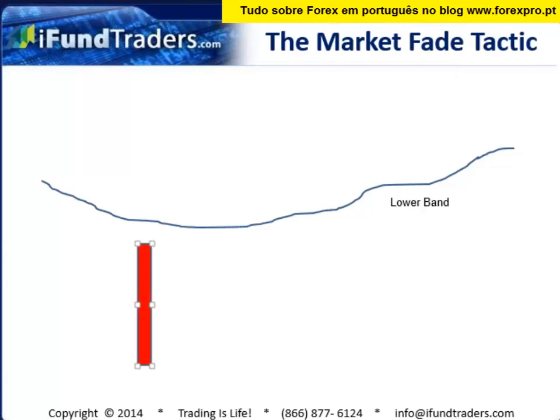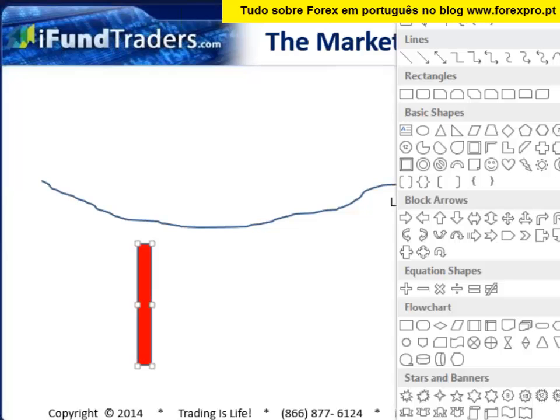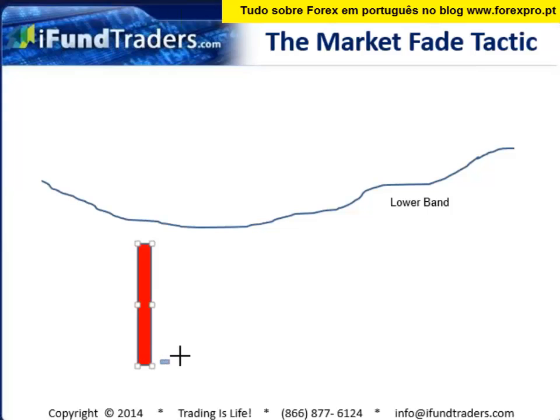Now that we've identified a bar outside of the Bollinger Band, we are going to wait for a subsequent bar to retrace approximately 25% or more of the outside bar.